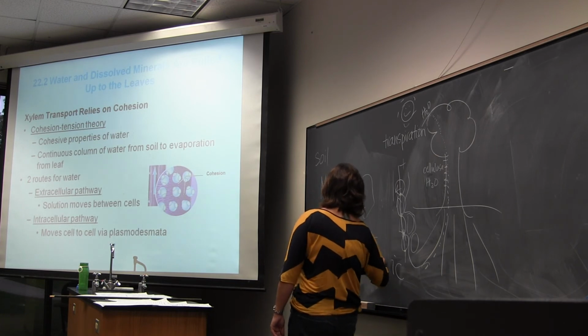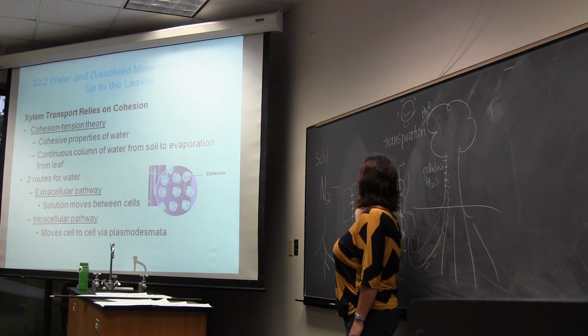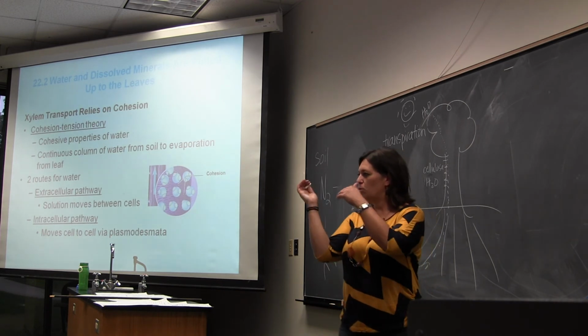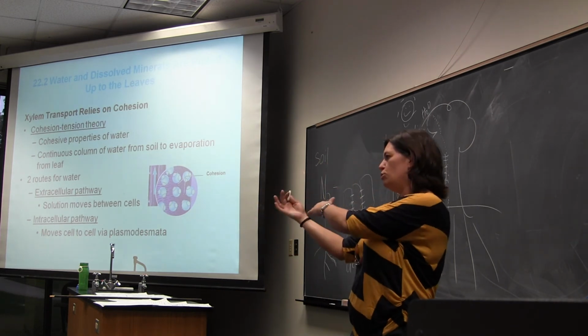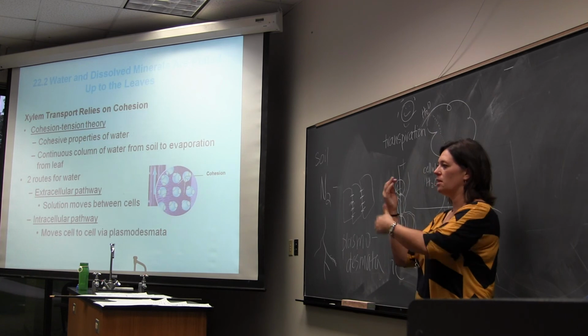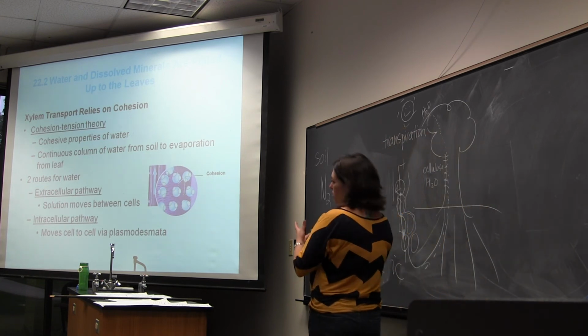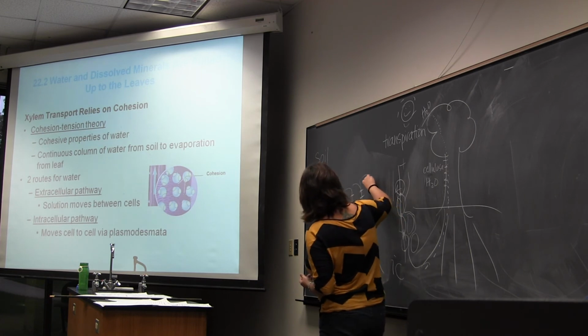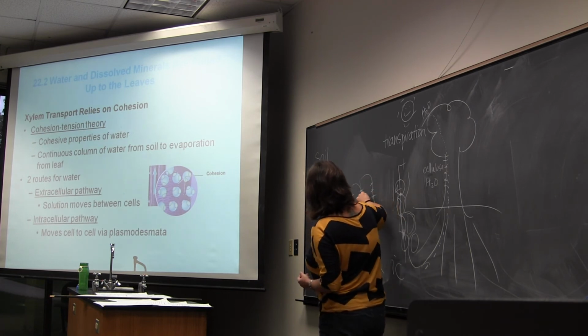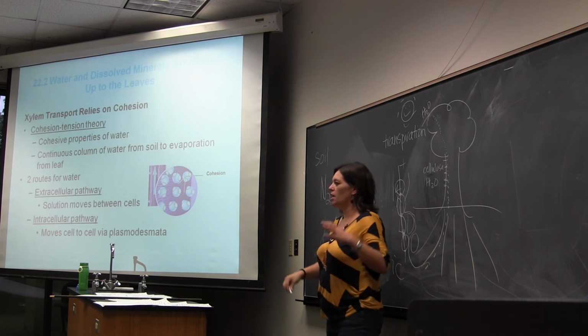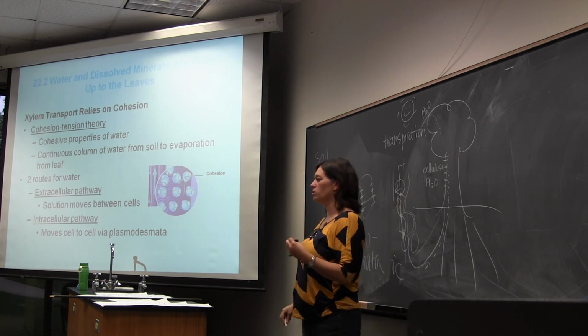Those plasmodesmata, these little holes in between the plant cells, allow the cytoplasm and water and nutrients and a whole bunch of other stuff to pass back and forth between cells. So if the water is taking this intracellular route, it's going to enter through these plasmodesmata and then travel through the cells by going through these little pores.